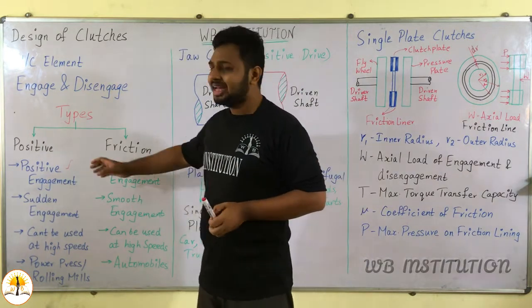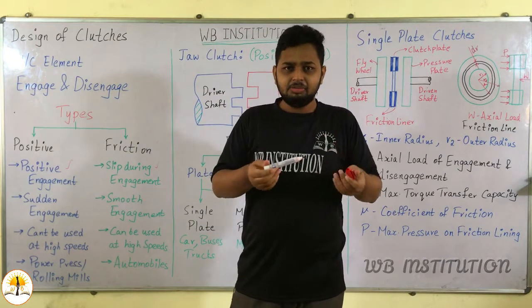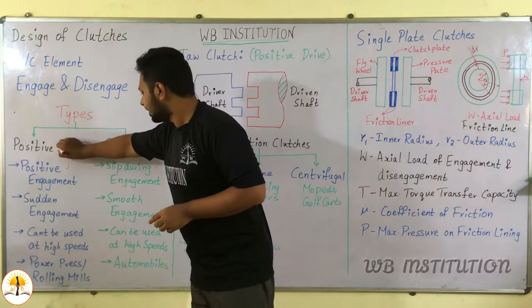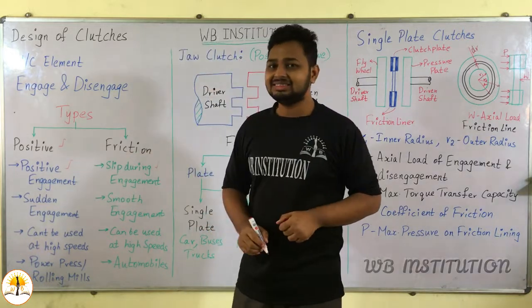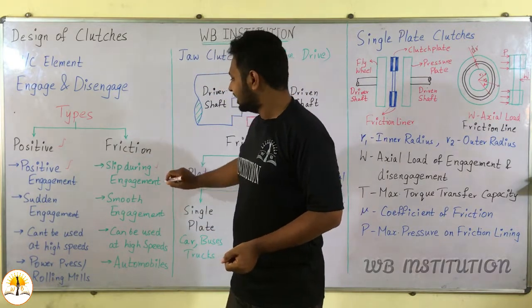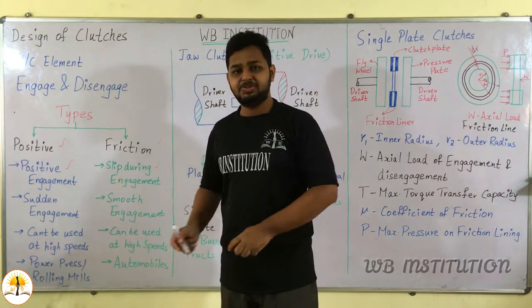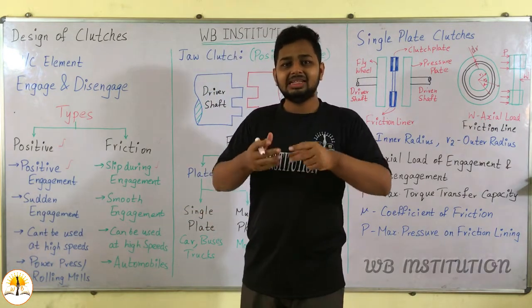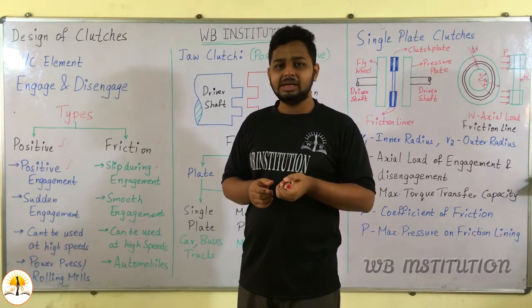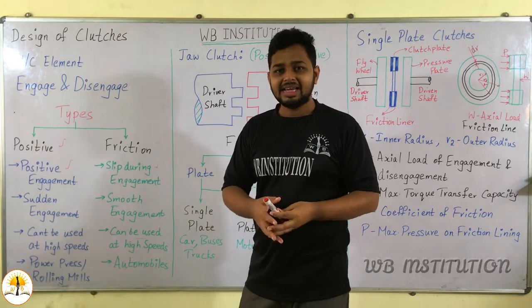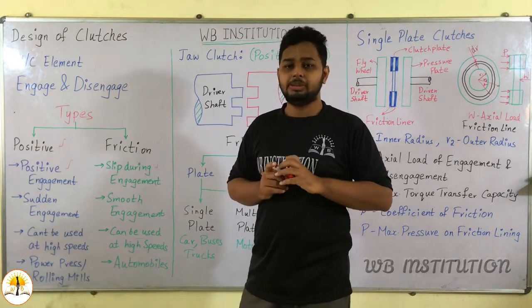Wherever a high speed driven pulley is required, we cannot use positive type clutches. At those places we can use friction type clutches. We can use friction clutches even at high speeds, because there will be slip provided, and due to this slip the engagement between the driver and driven pulley can be smooth.